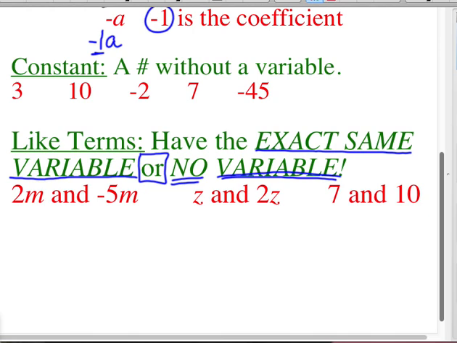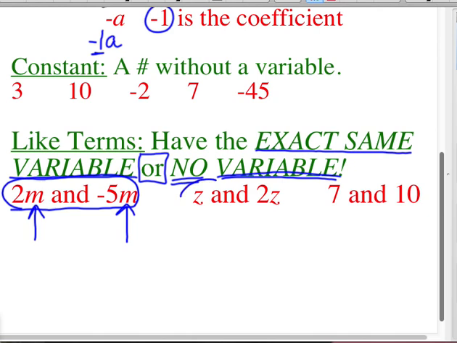So I've listed some examples of like terms. 2m and 5m are like terms because they both have the exact same variable, and the variable that they have is the letter m.